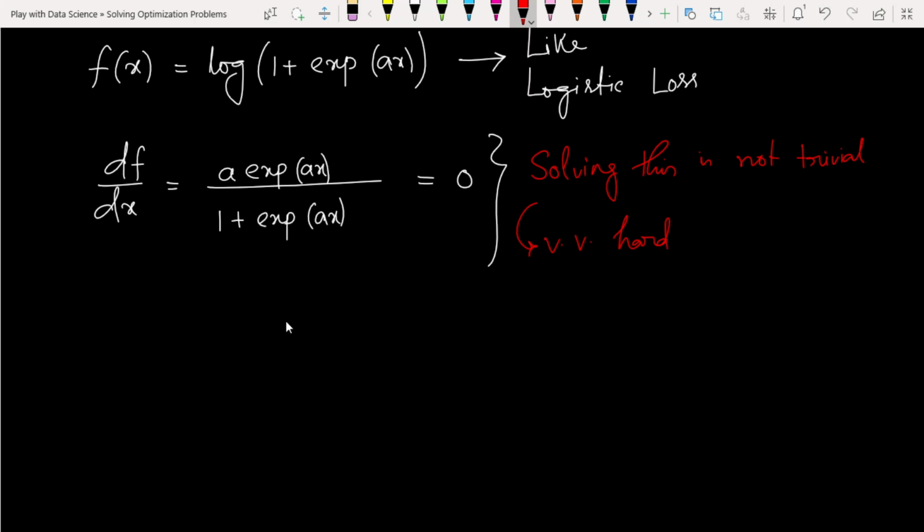So in such cases, in the age of modern computers, our computing power is so large that we can easily use the power of the computer.